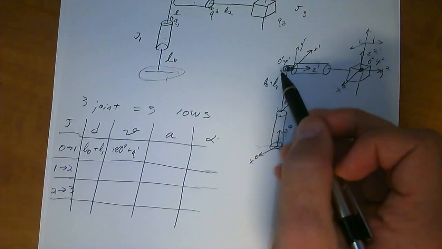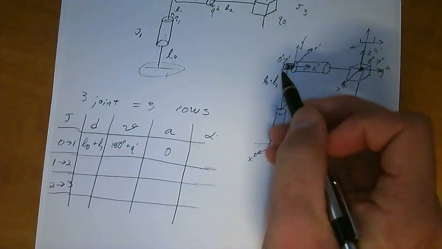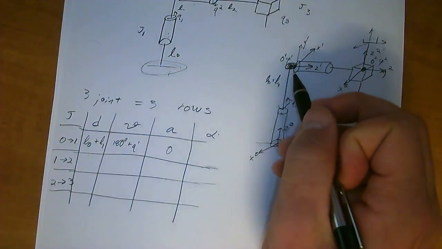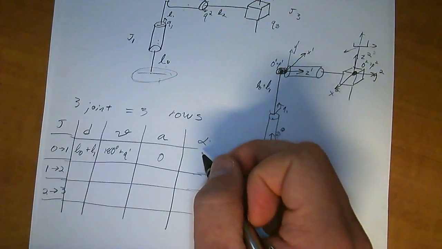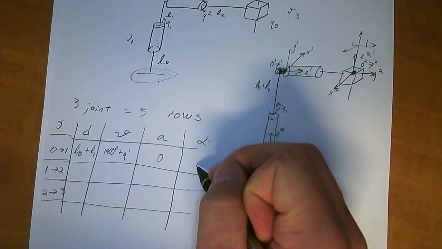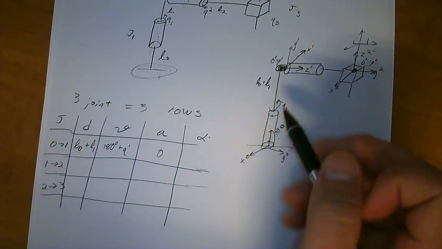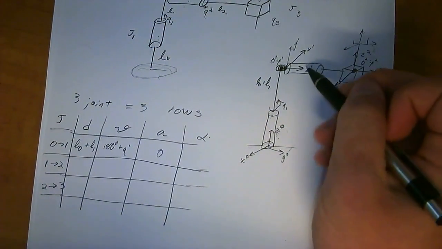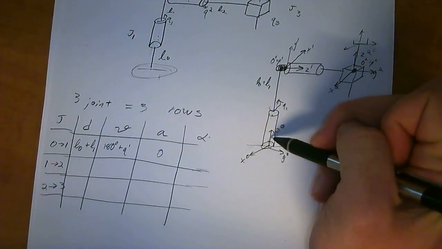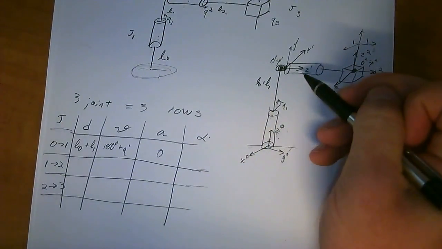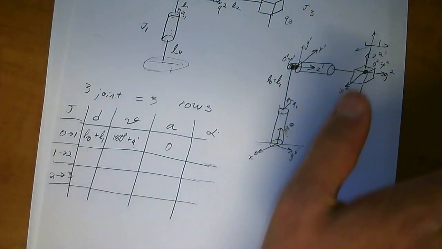And then a is the distance between O and P, but in this case they're the same point, and that's going to equal 0. If you don't know why these are the same point, go back and review how the rules are done in Denavit-Hartenberg, DH. And then alpha is the angle from Z_{i-1} to Z_i about X_i. So about this axis, find the angle from this z to this z.